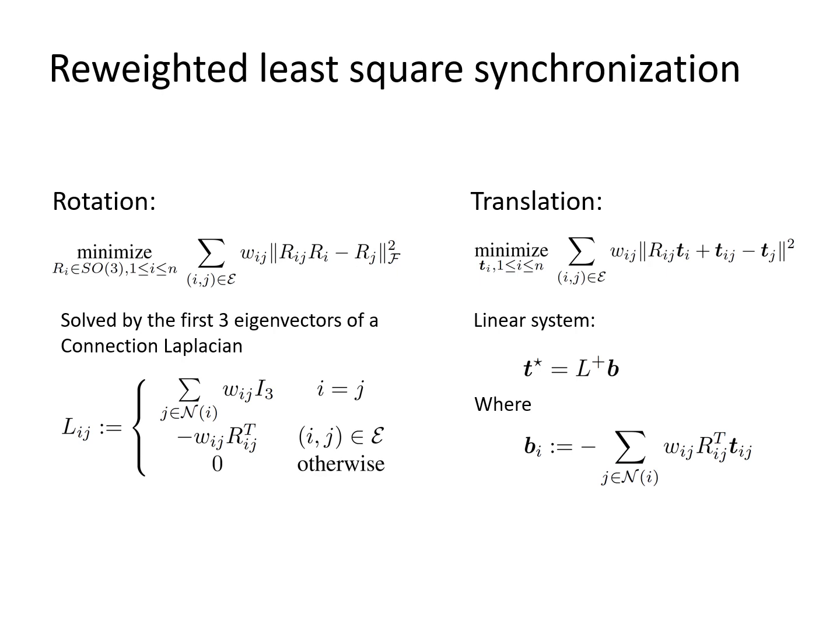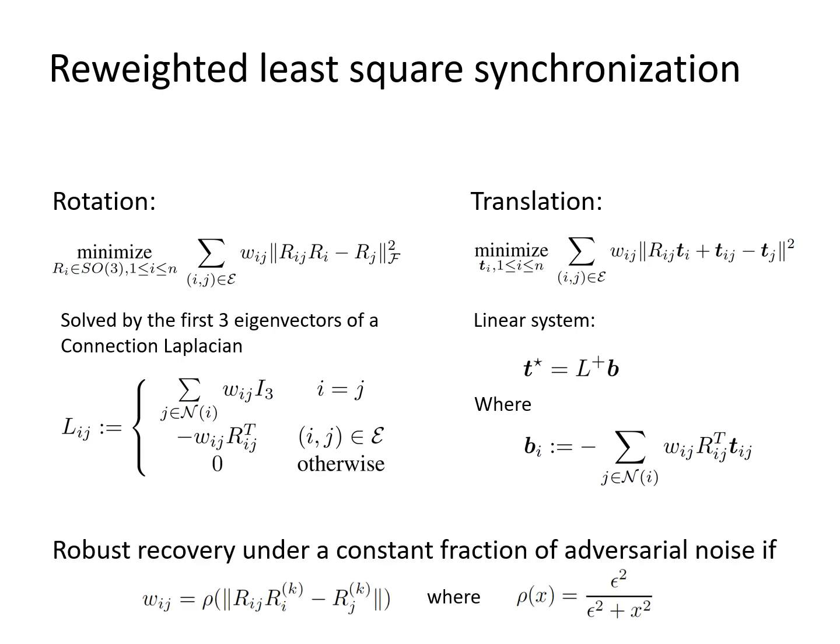We know that if we update the weights using the residuals, then we can tolerate a constant fraction of adversarial noise, and if there's randomness, we can tolerate more. So what we did in this work is to adjust the weights by using a weighting module.